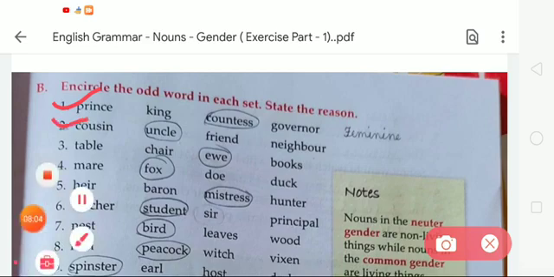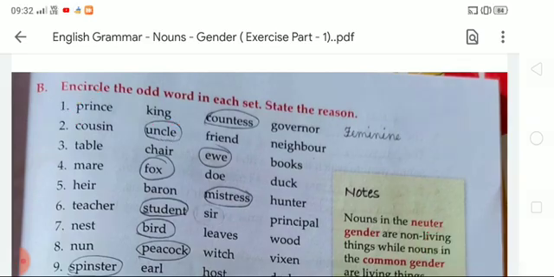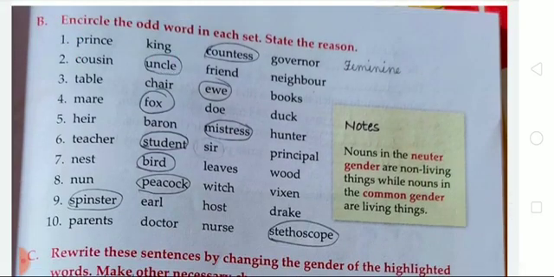In second there is cousin, uncle, friend, neighbor. These are examples of common gender, and uncle is an example of masculine gender. So that's why we circle the word uncle. Like this we have to write the reason for all the words. Students, you have to do it.